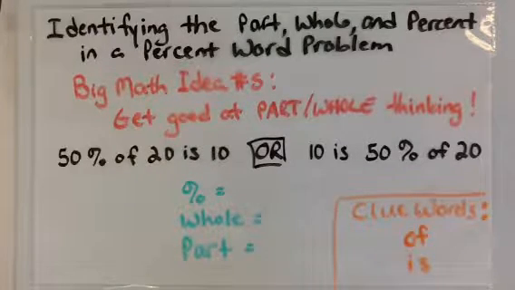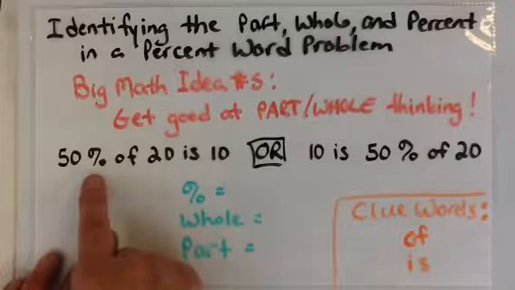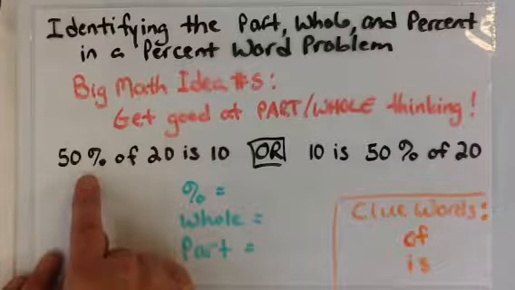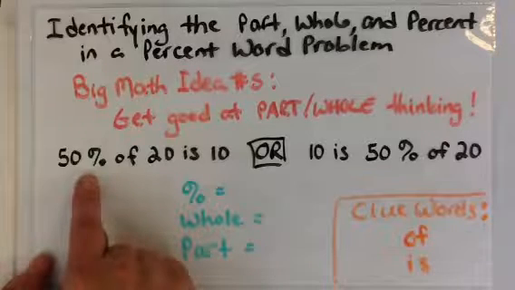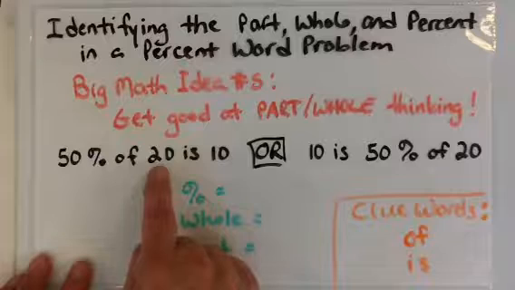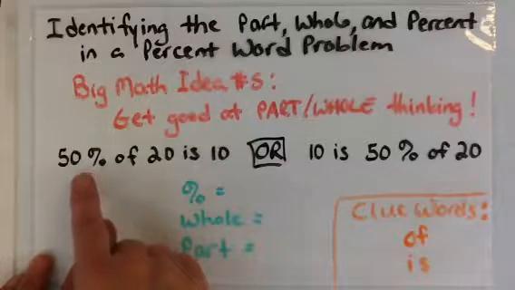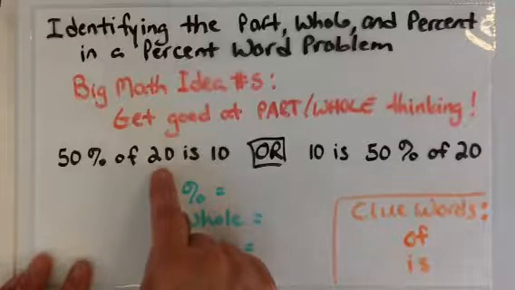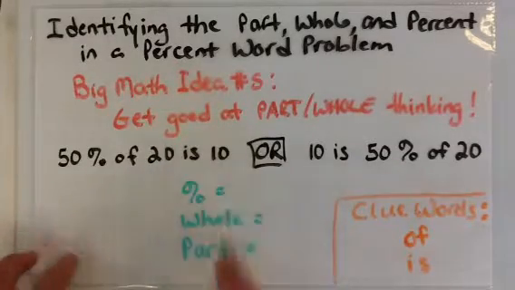And the question was, how many were present that day? Now, we know that 50% is equivalent to 1/2, so even without knowing how to do percent math, we could just, in our mind, calculate what 1/2 of 20 is to come up with the answer. And the answer was 10.